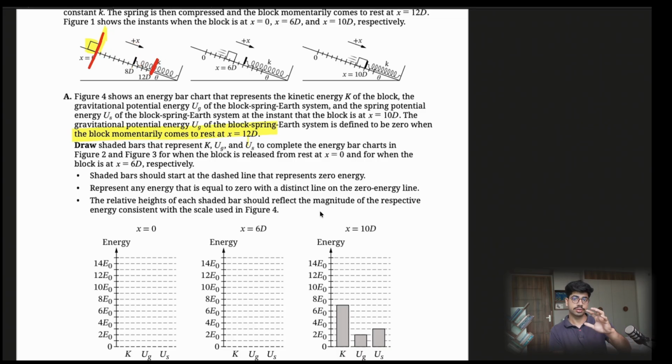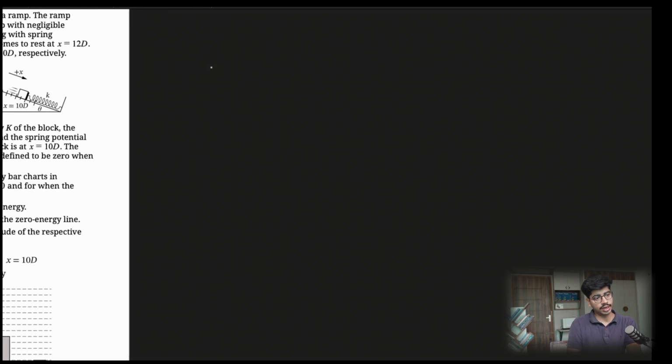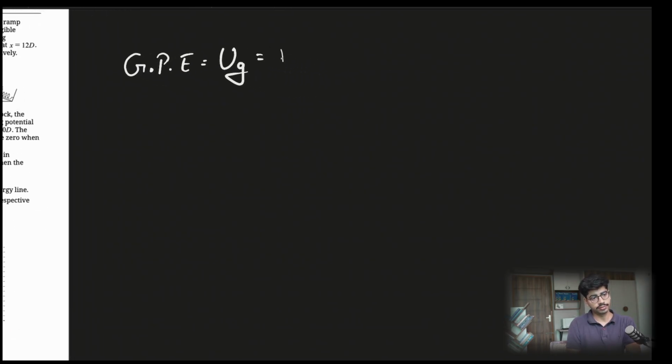So there are three types of energy that we are talking about. Gravitational potential energy comes from the height. If I quickly summarize, we have the gravitational potential energy, which I am going to write as UG, and that is mgh, where h is the change in height.